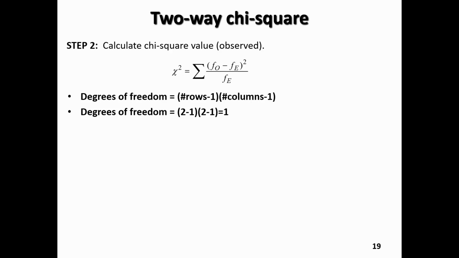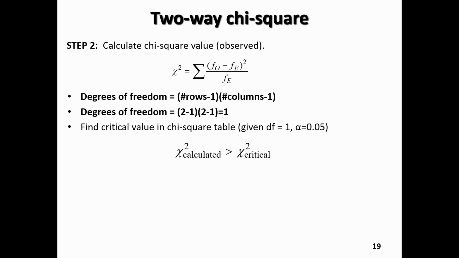Once we have that calculated, just to reiterate what I had indicated on slide 18, our degrees of freedom is 2 rows subtract 1, which is 1, times 2 columns subtract 1, which is 1. So our degrees of freedom in this case is going to be 1. Now we find the critical value in the chi-square table given a degree of freedom of 1, and unless stated otherwise, we routinely go with the alpha level of 0.05.